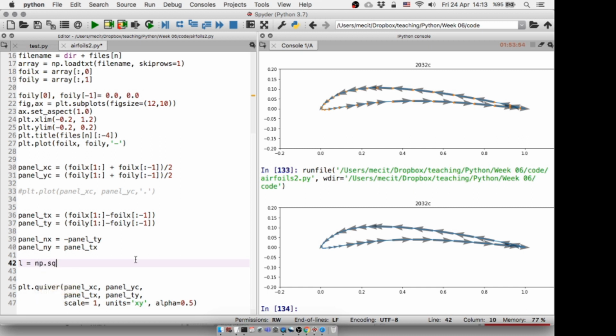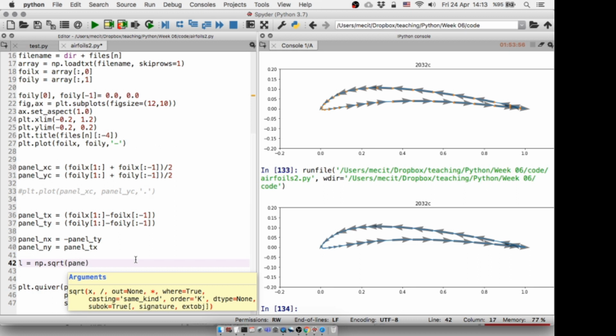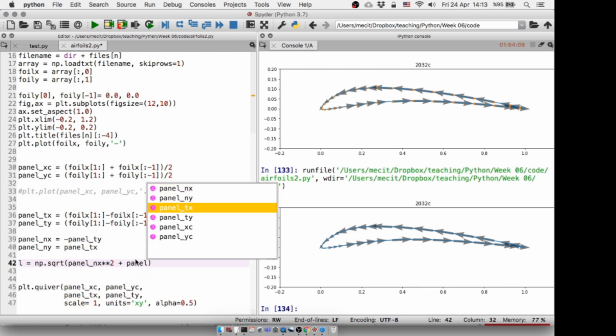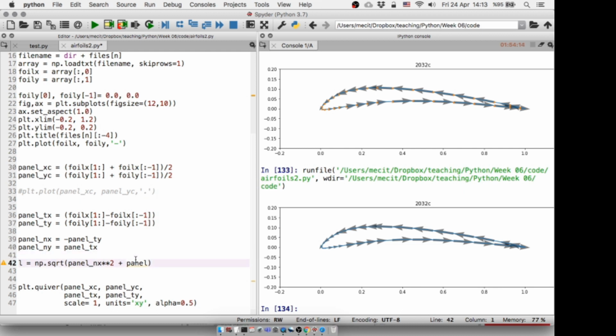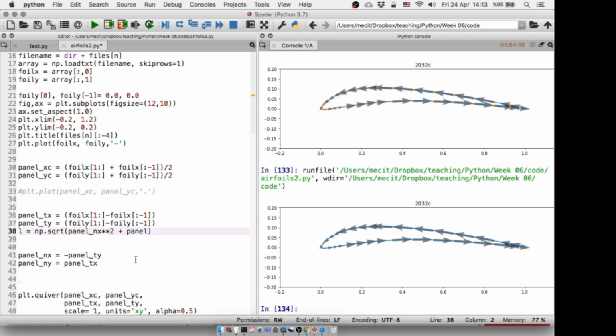NumPy sqrt panel normal x plus panel normal. Okay, maybe a better idea is to do this for the tangents. Panel tangent x squared plus panel tangent y squared, and the square root of this.